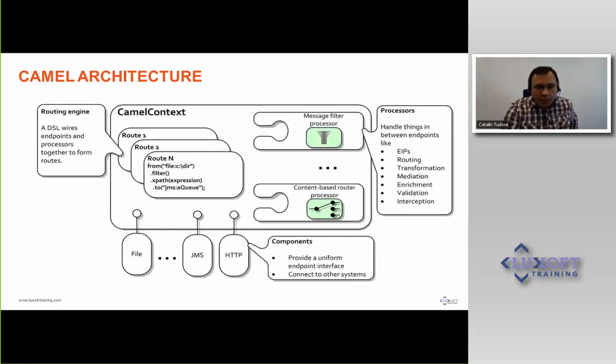This is a high view of the architecture itself. I was saying when I have run my first program that there is a Camel context where everything gets embedded. Camel context is like a container where you will insert everything. You will insert the roots, and you will have the components, you will have the processors.